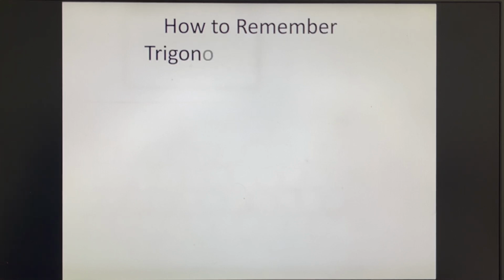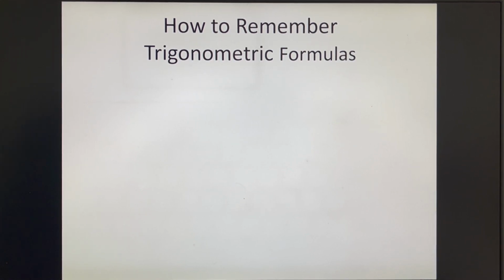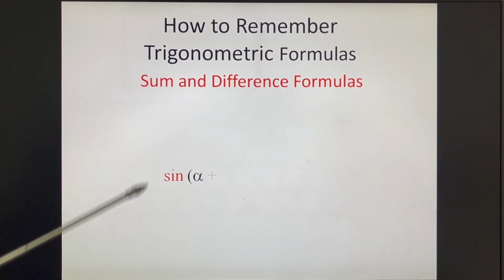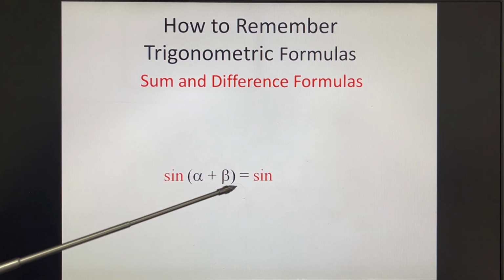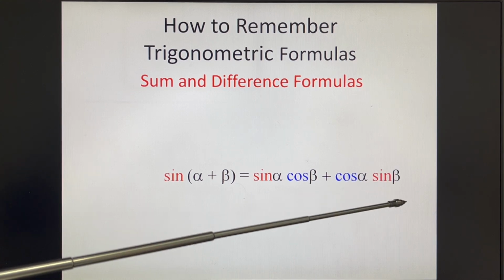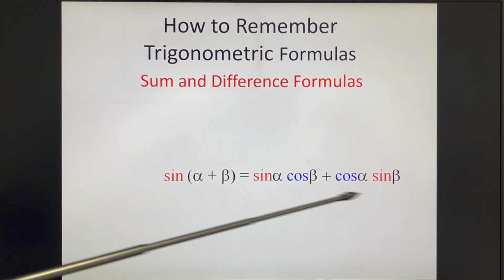That's all. Let's summarize. How to remember trigonometric formulas? We use sum and difference formulas to deduce them. They are sine alpha plus beta equal to sine alpha cosine beta plus cosine alpha sine beta. How to remember that?